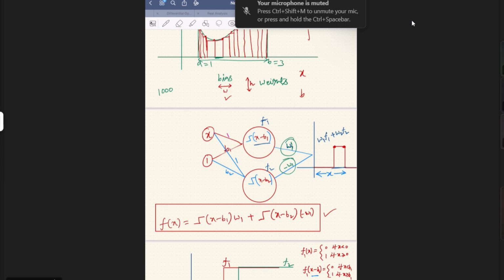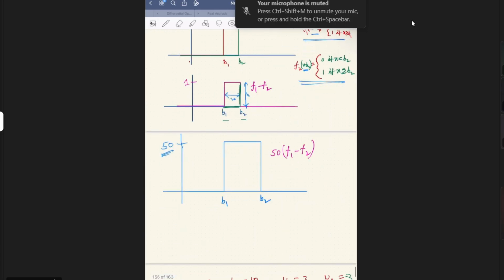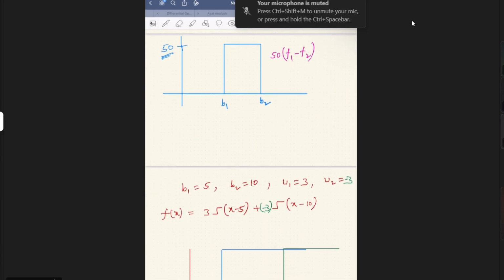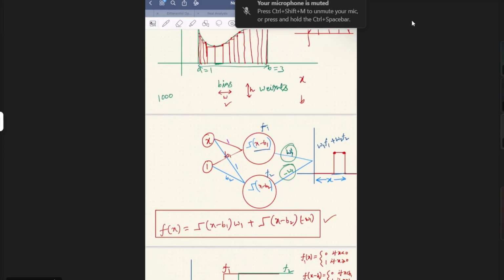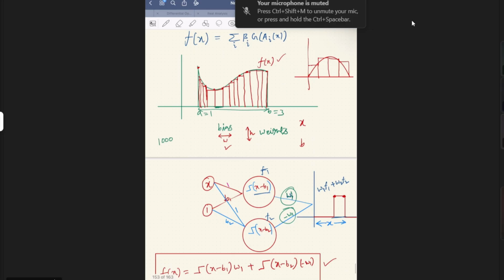Now in this case, we manually chose some signals b1 b2 and fixed them, but now these b1 b2 or w1 w2 need to be chosen for 1000 such rectangles. How are they driven? We are not picking them manually, so how do we pick them? That is the point of the learning procedure. In the learning, you apply this f of x, you are targeting it all the time.